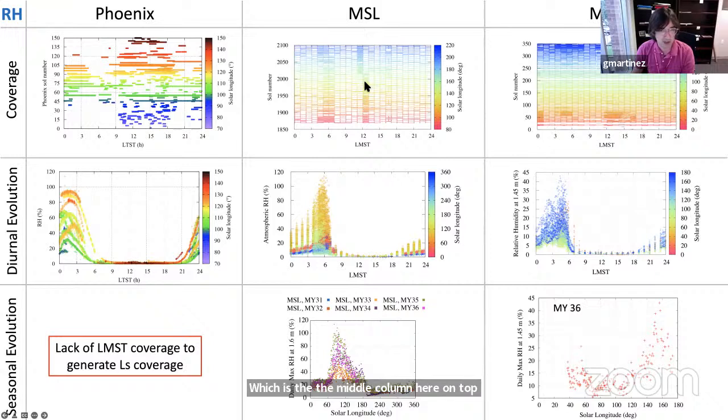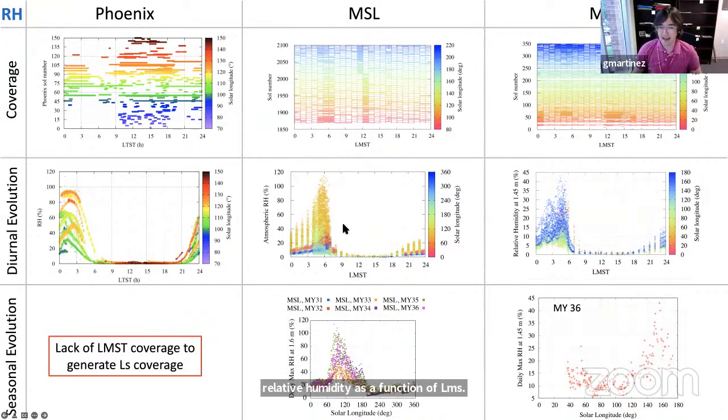of the measuring cadence. But the important point of MSL is that now we have continuous measurements, or at least we have every single hour of the day, every sol number is covered. So MSL is providing these continuous measurements for the first time. As an example here in the middle, I'm showing the relative humidity as a function of LMST for 3,500 sols.